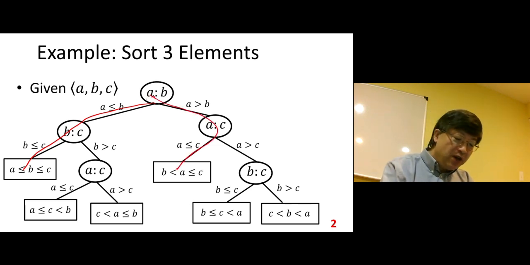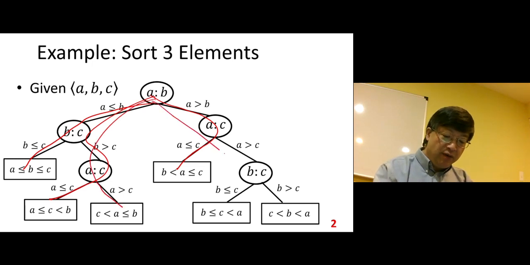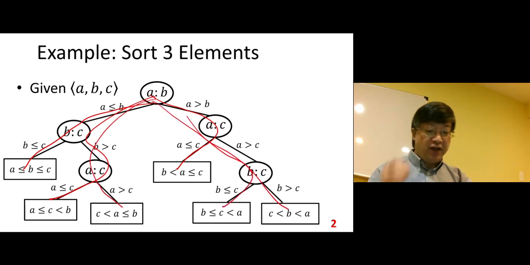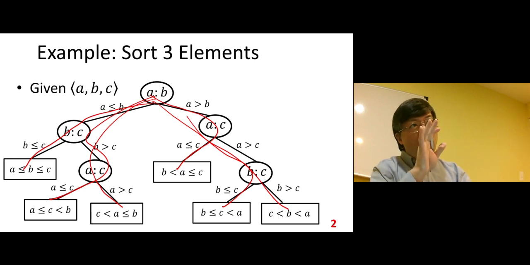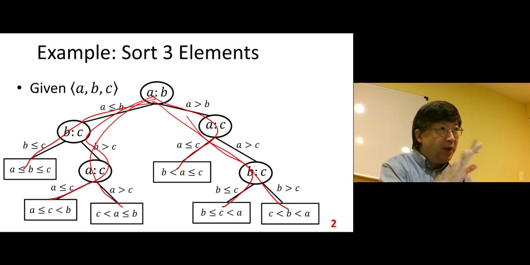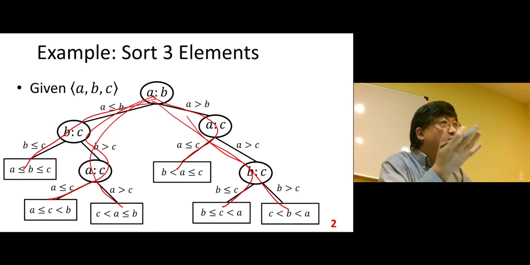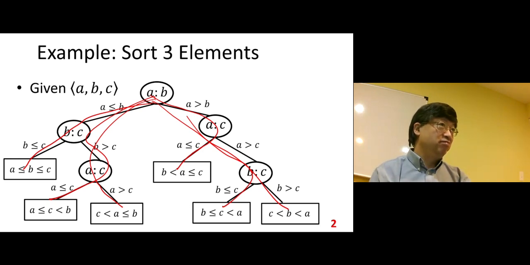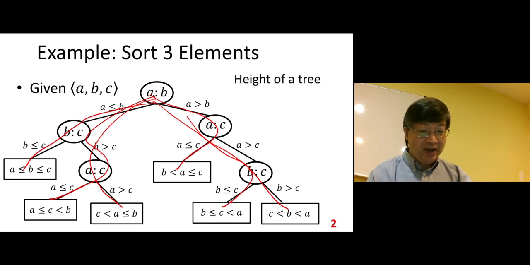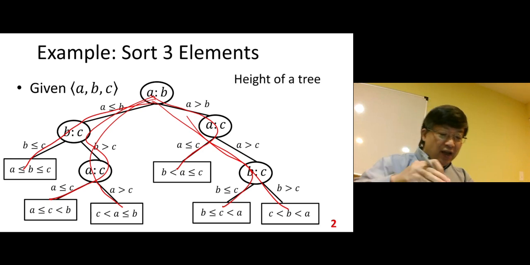The worst case, you have one worst case here, one here, one here, another worst case. So you have 4 worst cases and 2 best cases. Then you can take the average case, right? Average case. All right.